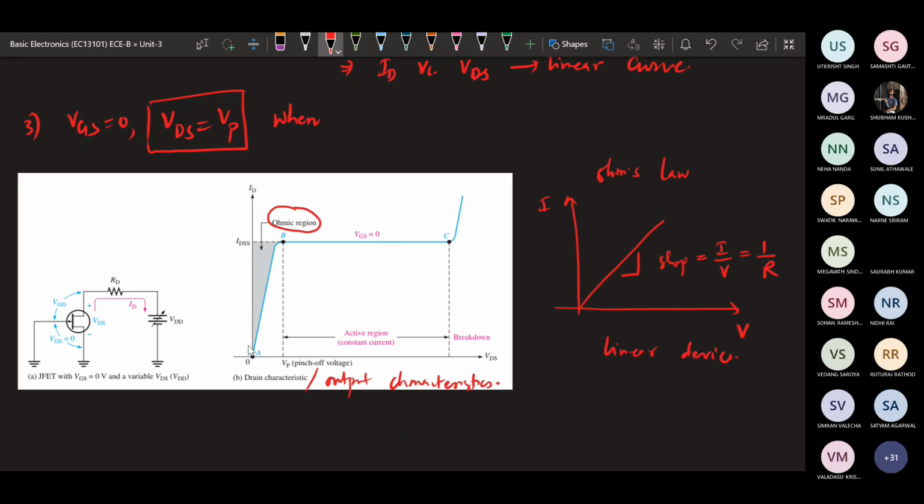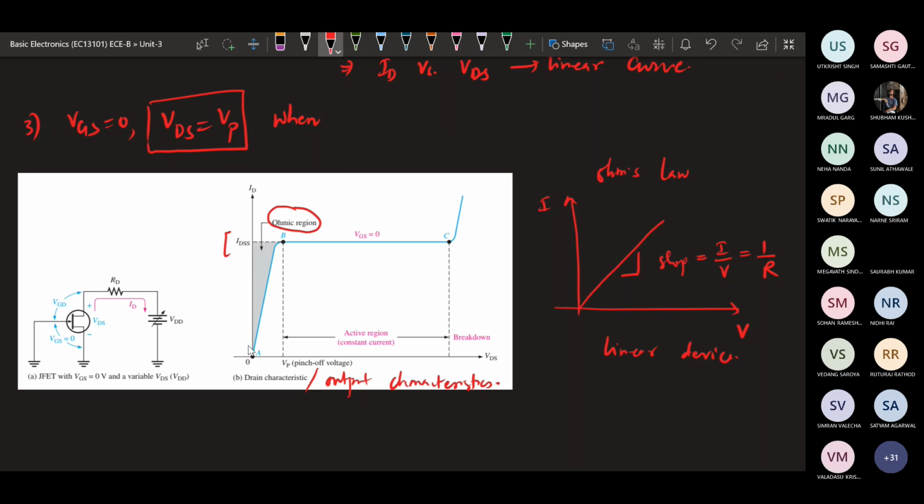Okay, so at that time, this is the pinch off point. So beyond the pinch off point, if we are increasing the VDS, current will not increase in a linear manner. After that, the current will become constant, and that constant current is called IDSS. Okay, so this is called the IDSS.